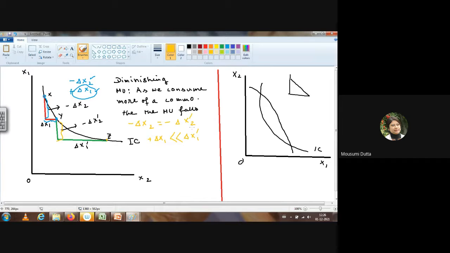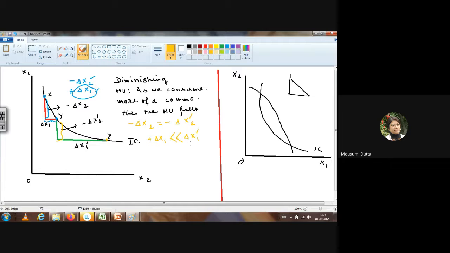I'm losing the same amount of X2 between X and Y and Z. However, the amount of X1 I need to compensate my loss is very high here.